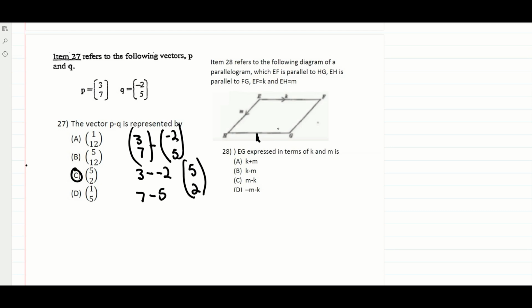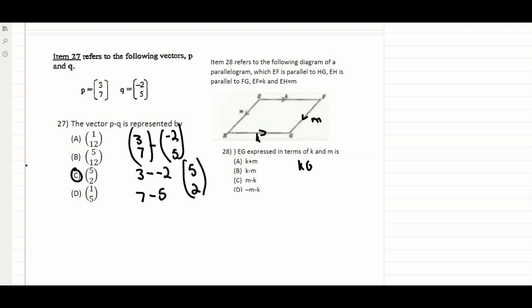EH is M, so this side is also M. It has to be going in the same direction as the parallel side. So EG is expressed in terms of K and M, so we want EG.